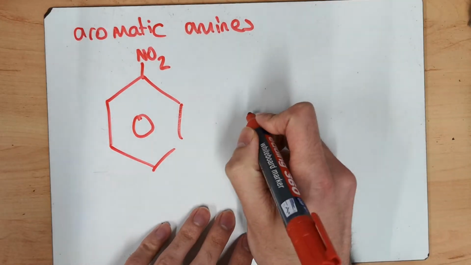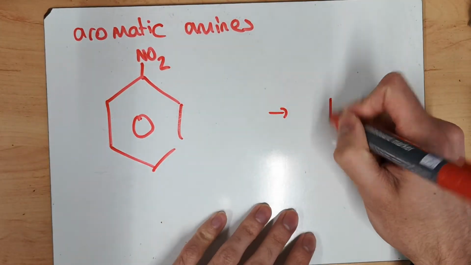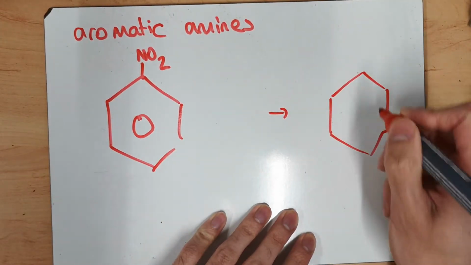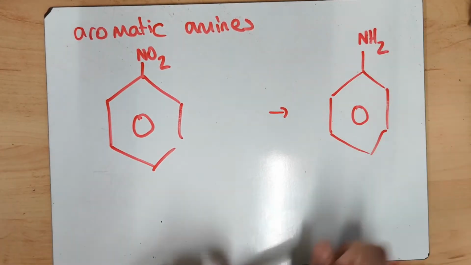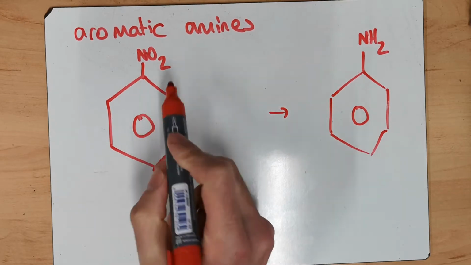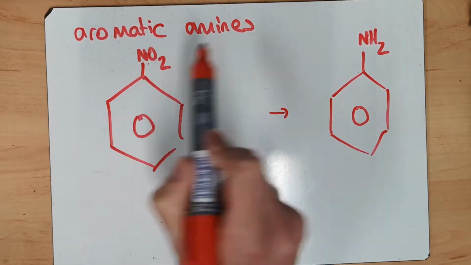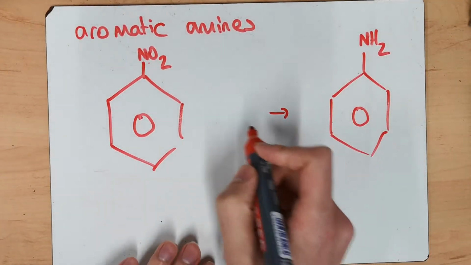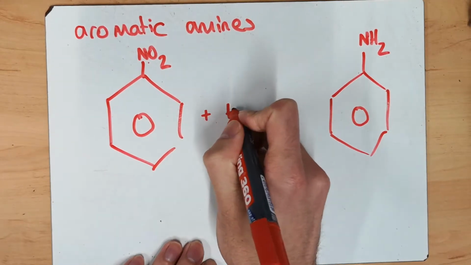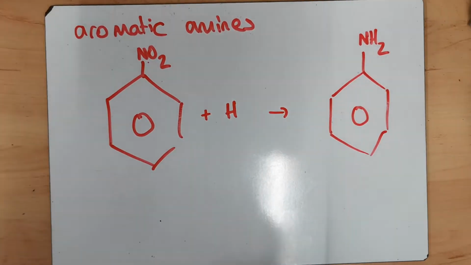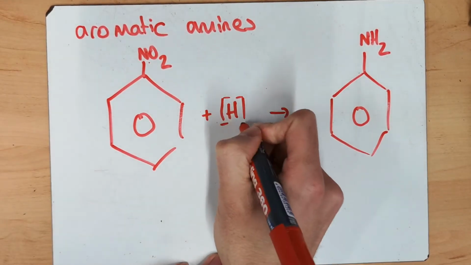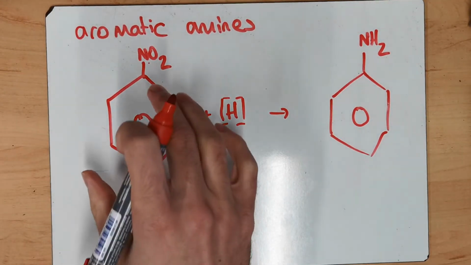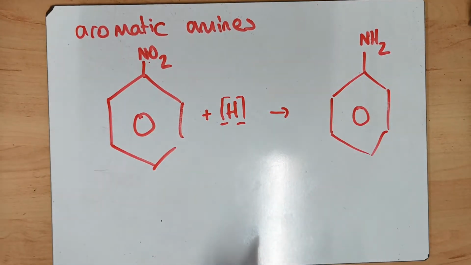And what we want to get to is an amine, so NH2. So it should be pretty simple. If we're going from NO2 to NH2, we're going to need some hydrogen. And we're going to just put in that as H for now. And it's a reducing agent, so I'm going to put it in brackets as well. I'm going to reduce down our NO2 to NH2.